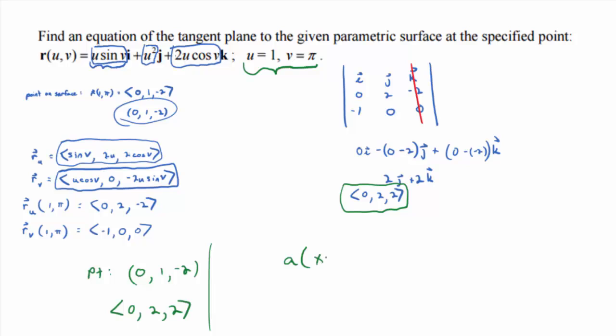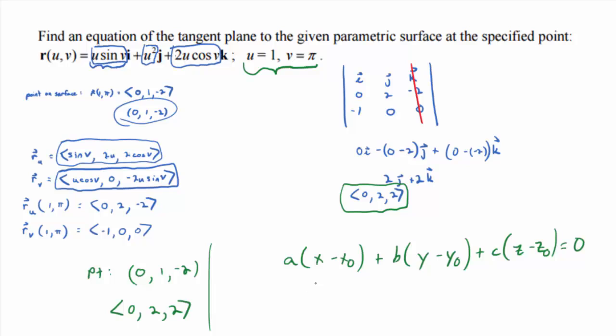A times x minus x naught plus b times y minus y naught plus c times z minus z naught equals 0. A, b, and c are the components of your normal vector. And then, of course, x naught, y naught, z naught is a point on the plane.